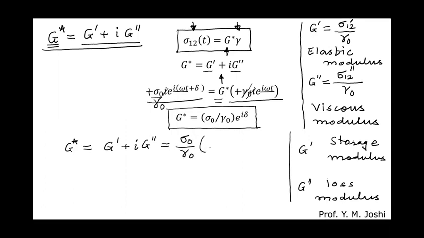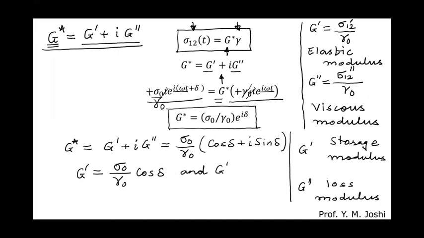e to the power i delta is nothing but cos delta plus i sin delta, all right, which means that this simply gives us G prime equal to sigma 0 by gamma 0 cos delta and G double prime equal to sigma 0 by gamma 0 sin delta.